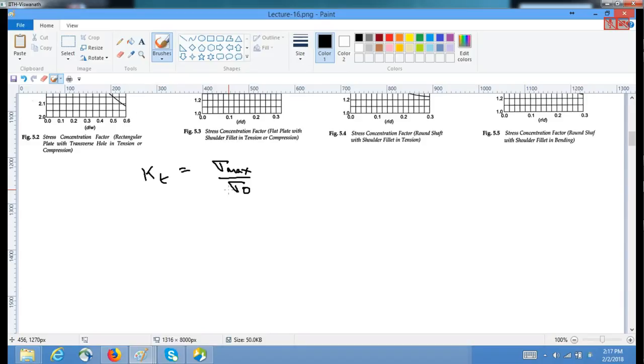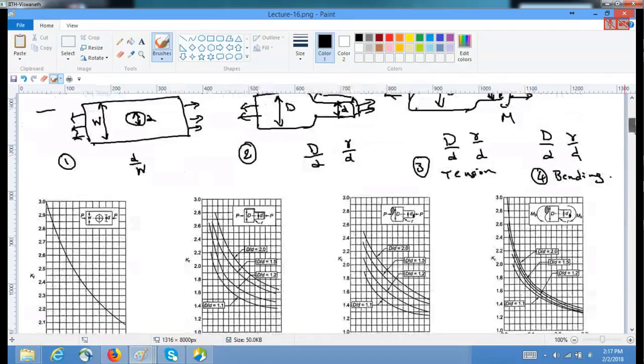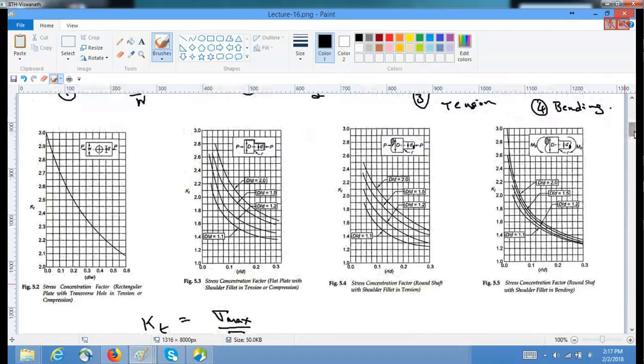With this, we solved 3 different problems and showed the usage of these charts, and how the stress concentration has to be taken care of for a given configuration.